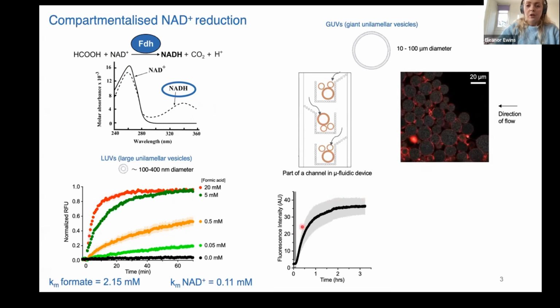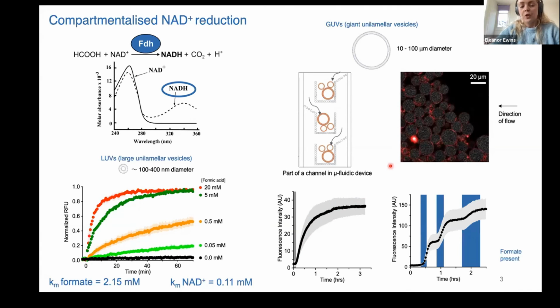So if we look at the fluorescent traces over time for these populations of GUVs, we see that comparable, not on time scale, but in behavior, we see an increase in the NADH being formed.